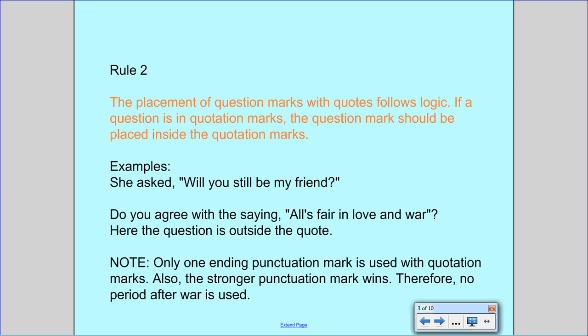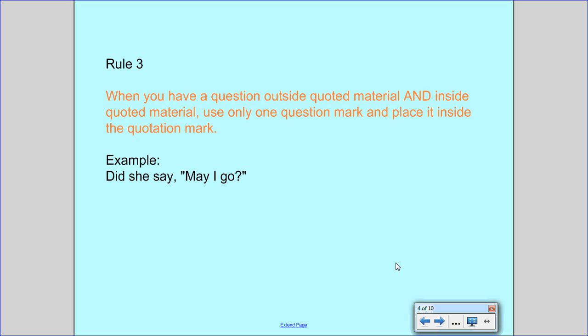Rule number 3, when you have a question outside quoted material and inside quoted material, you're going to use only one question mark and place it inside the quotation mark. So this is the exception to the rule. For the example, it says, did she say, "May I go?"